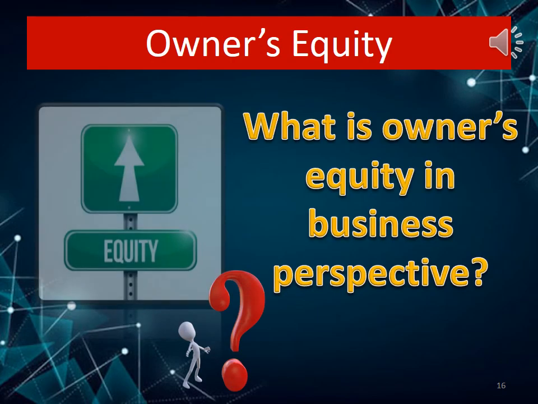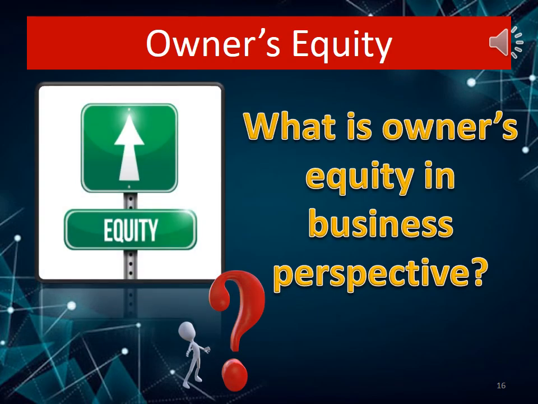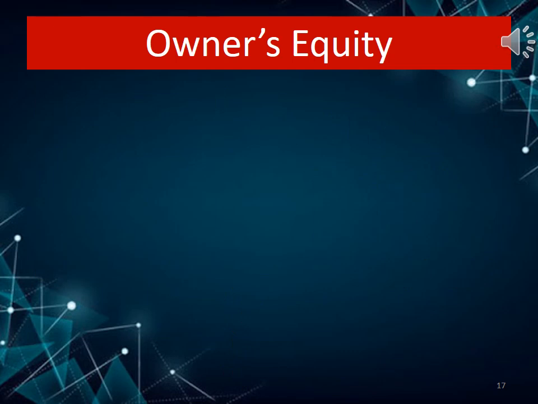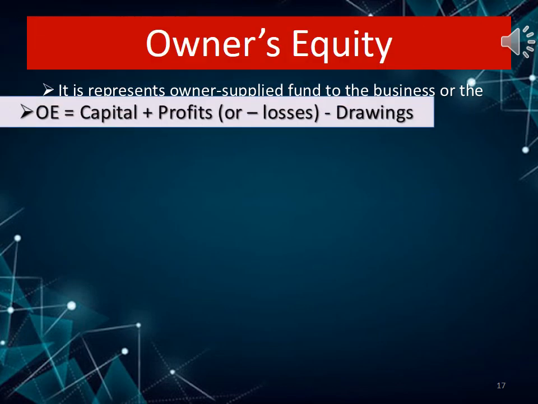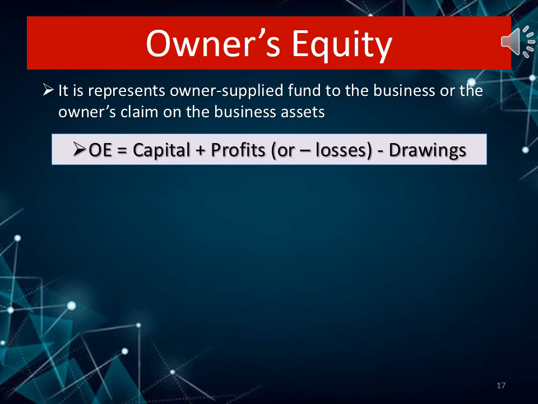Next, owner's equity. Owner's equity represents owner-supplied funds to the business or the owner's claim on the business assets. Equity is made up of capital plus accumulated profits or minus losses, then minus drawings.